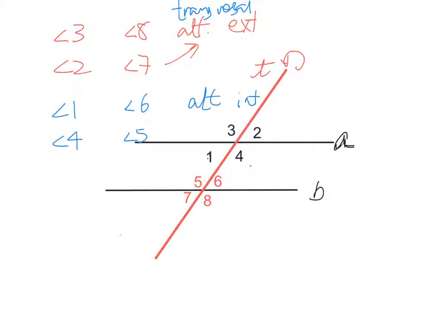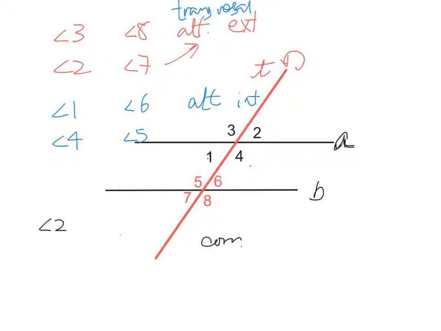There is another really useful pair of angles called corresponding angles. Corresponding in English just means one-to-one, right? When I correspond, I write to one person and that person writes back to me, or I write to one group and the group writes back to me. So there's a one-to-one relationship, and usually it means you're in a very similar situation. So let's look at angle 2 and angle 6.